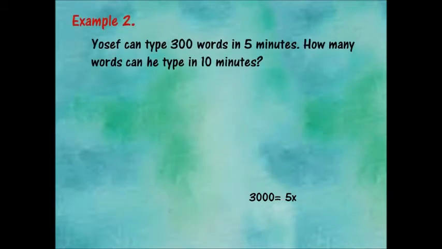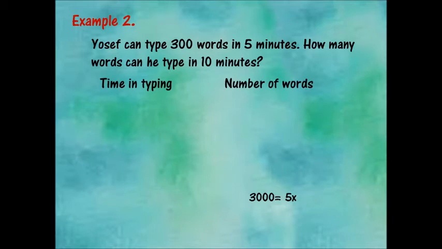Next example. Joseph can type 300 words in 5 minutes. How many words can he type in 10 minutes? So, what are the two variables or quantities na hinahanapan natin ng relationship? Yun ay yung time in typing, yung oras ng pagta-type, at saka yung number of words.